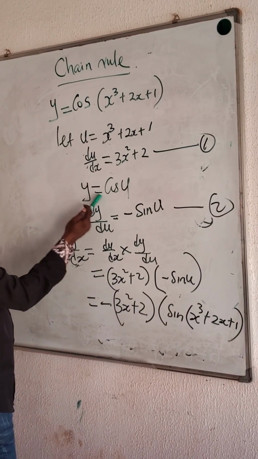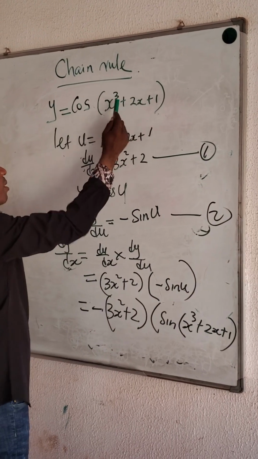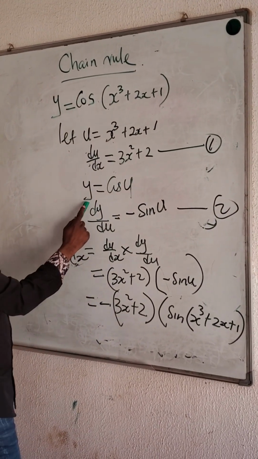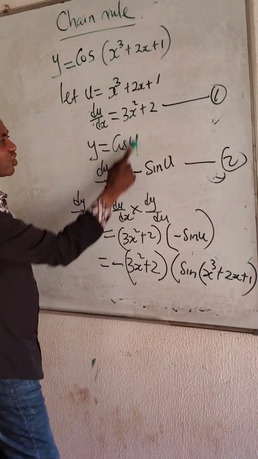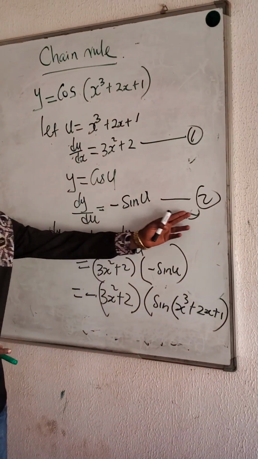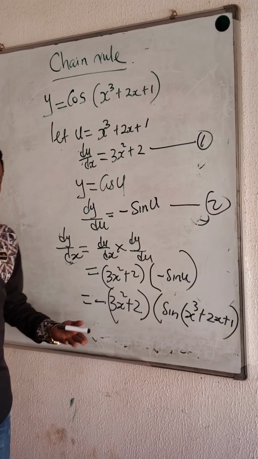Then we now say y should be cos u. Why are we saying u? Because we've already assumed that s power 3 plus 2s plus 1 should be equal to u. Then we differentiate this one now, dy/du. Dy/du means differentiating this cos, we have minus sine u, which we now call equation 2. And at the end of the day, our target is to find dy/dx.